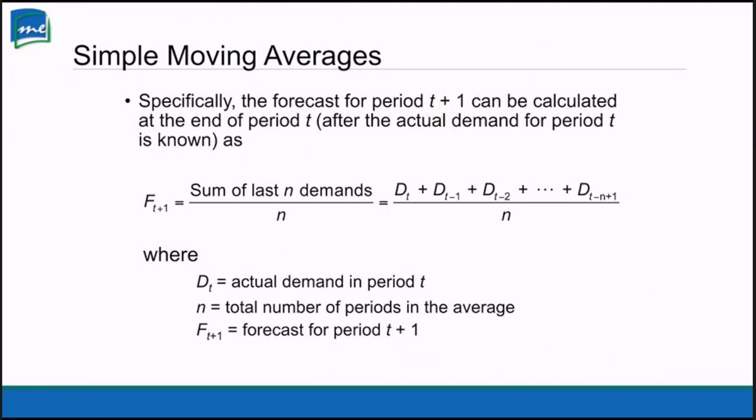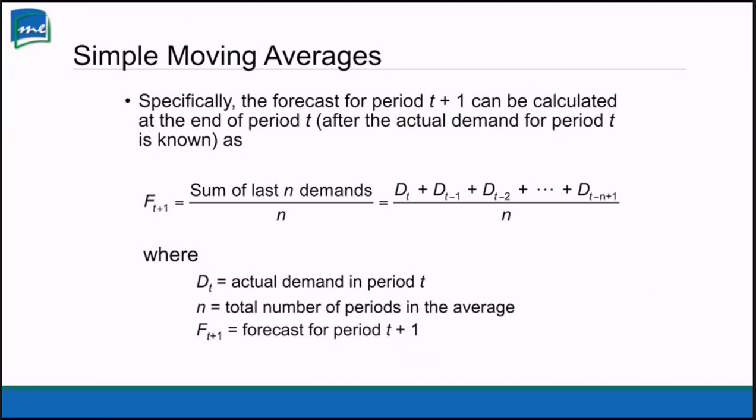T plus 1 means you want to make a forecast for the next time period if you have the actual demand for the current period T. Because we use a moving average, it focuses not only on the average but on how many data points you want to choose in your computation. If you want to choose 3, then you need to have at least 3 historical data points to compute the average.